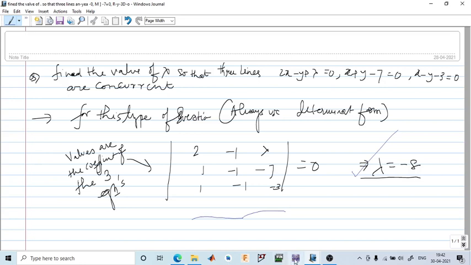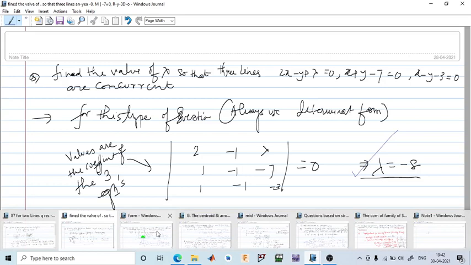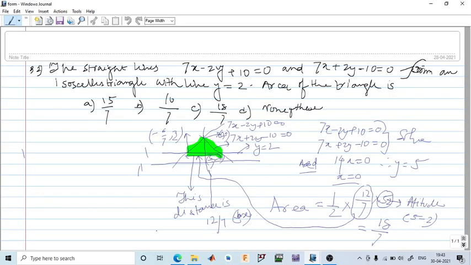Now let's go to the next problem, the third problem. Here you must learn something. Two straight lines are given, and they are forming an isosceles triangle with the line y equals to 2. Find the area. First of all, graphically understand what I have done here.